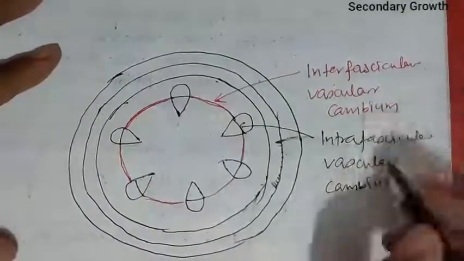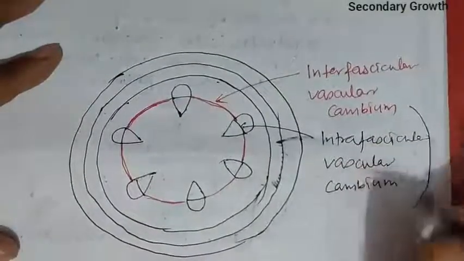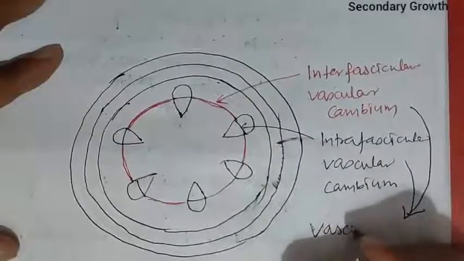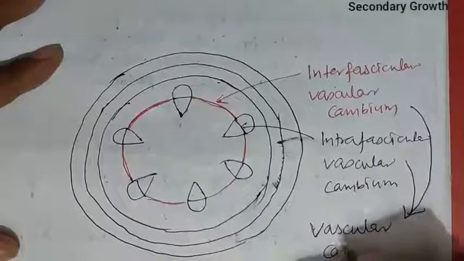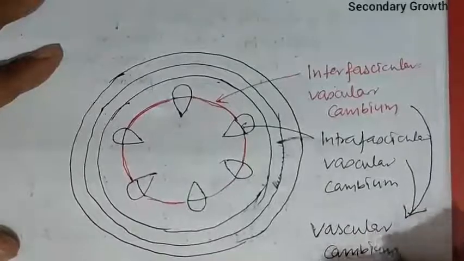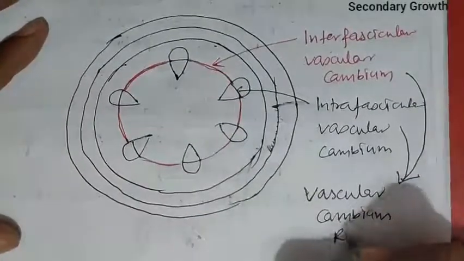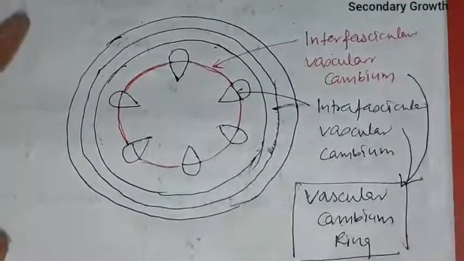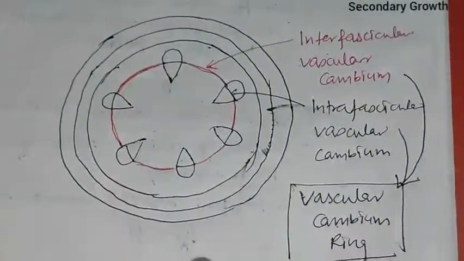These two combined are known as the vascular cambium ring. So now the vascular cambium ring is formed, as you can see here.